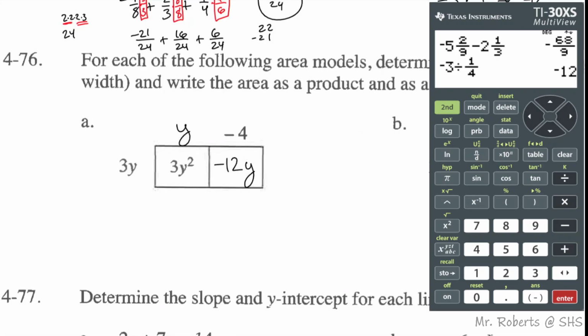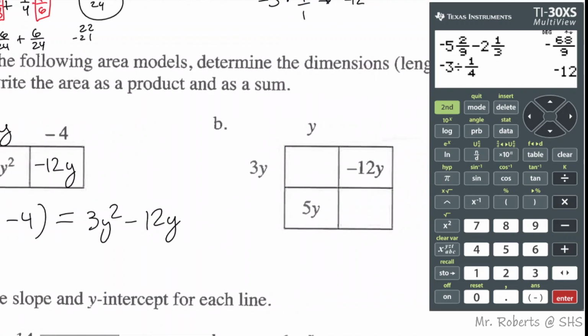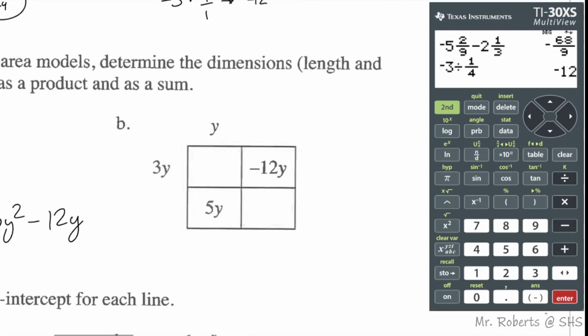So literally what this problem is: what do you get when you multiply 3y times y minus 4? That's equal to 3y squared minus 12y. Simplest form of the distributive property, right? Don't need an area model for that.